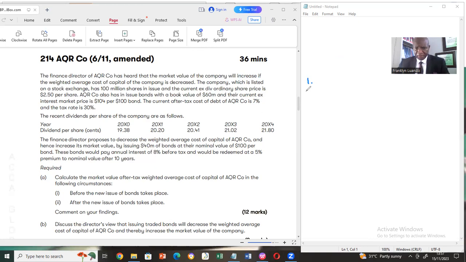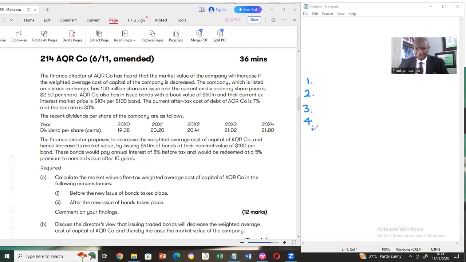Number two, calculate the market values of the types of capital involved. Number three, calculate the weightings, or rather the proportions. Number four, calculate the WACC.